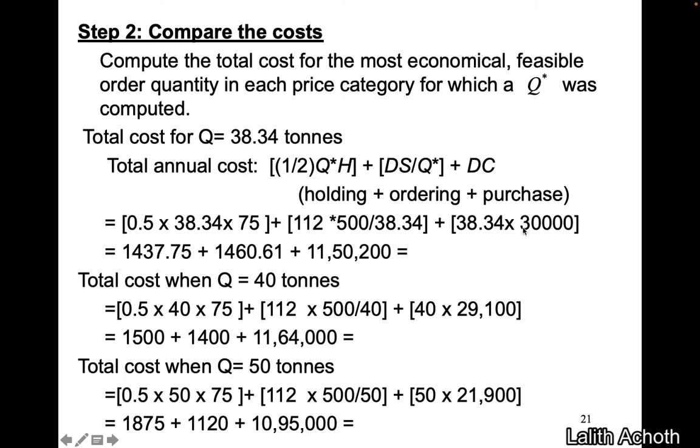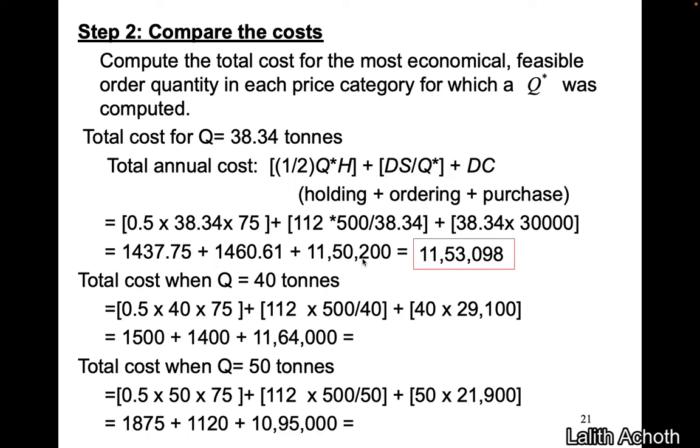This is the cost. Okay, so we get values like 1,437.5, 1,460.61, and this cost will amount to 11 lakhs 50,200. The total cost will be 11,53,098, which is the cost of holding an inventory of 38.34 metric tons, which is the EOQ.